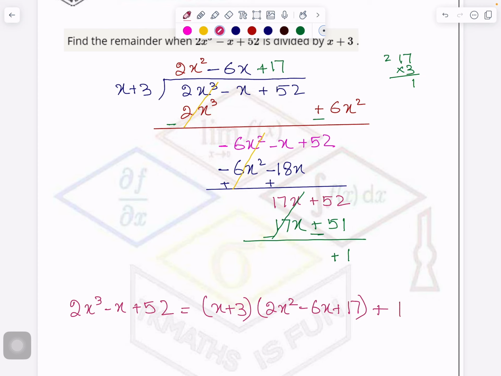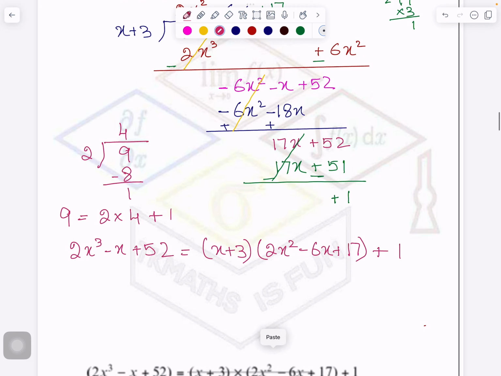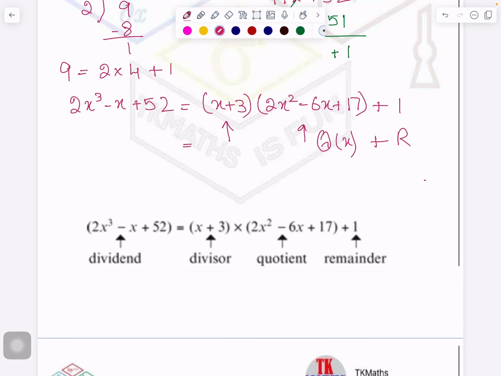If I show you the same scenario in terms of numbers, suppose I have 2 4s are 8, so I can say 9 is equal to 2 times 4 plus 1. So in simple words, this is my divisor, this is my quotient, which is at times written in functional form like this, and this is my remainder, which is sometimes written as r. Now you can see how it is written here, exactly what I have just told you.